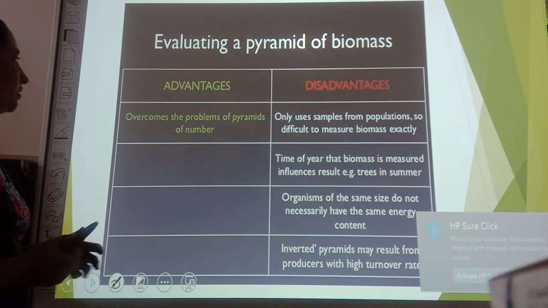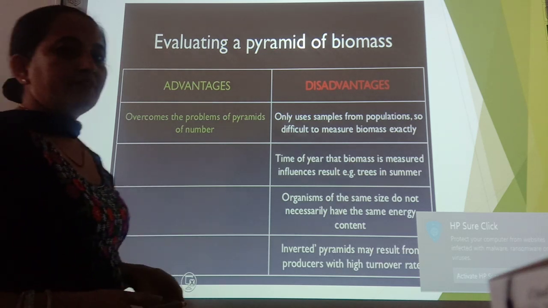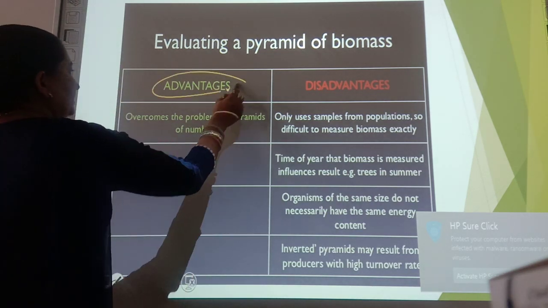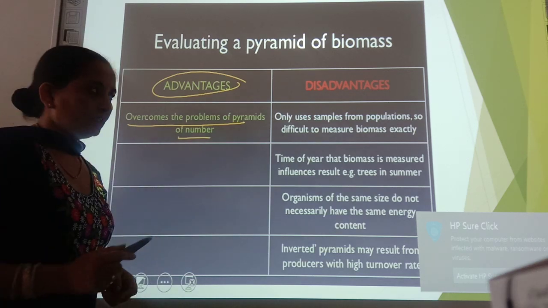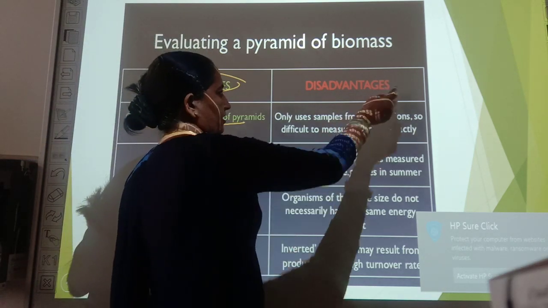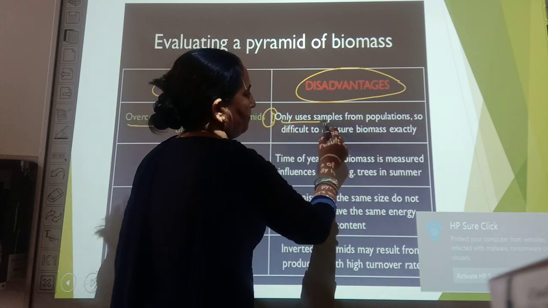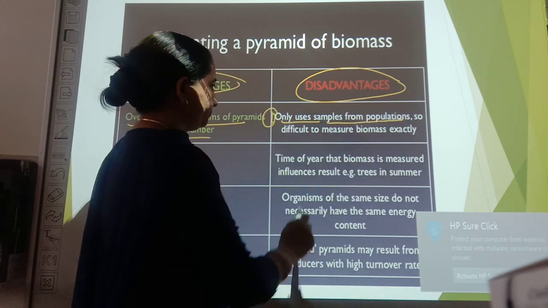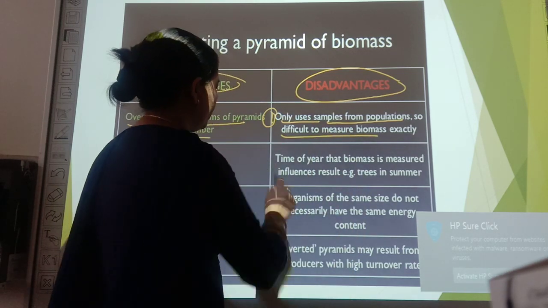Here it also has some advantages and some disadvantages. The advantage is that it overcomes the problem of the pyramid of numbers, but there are also disadvantages. It only uses samples from populations, so it is difficult to measure the biomass exactly.